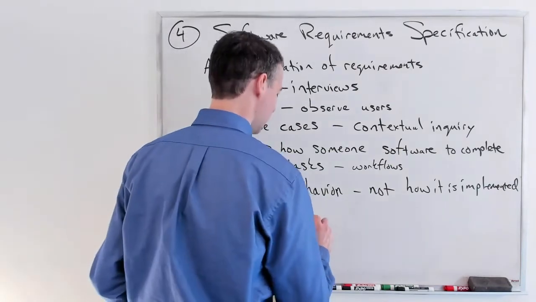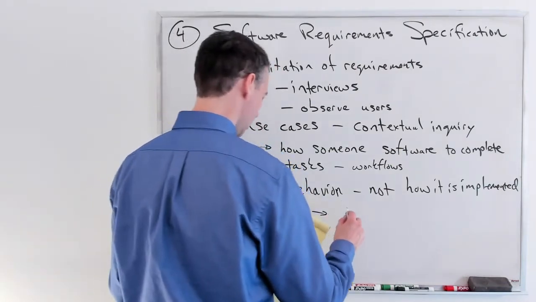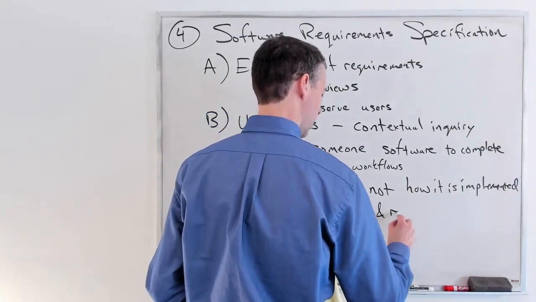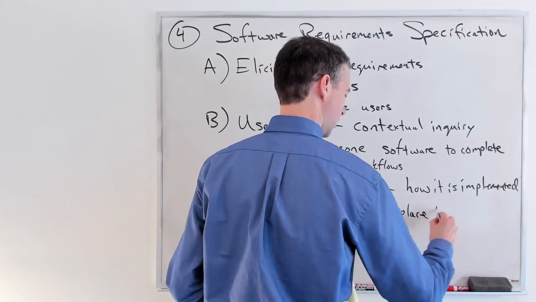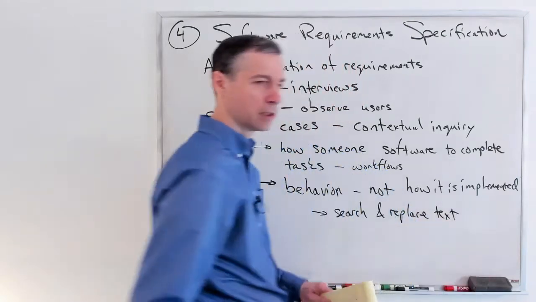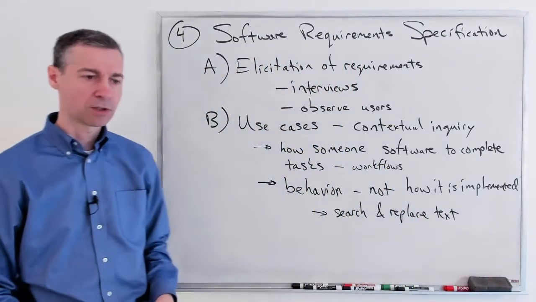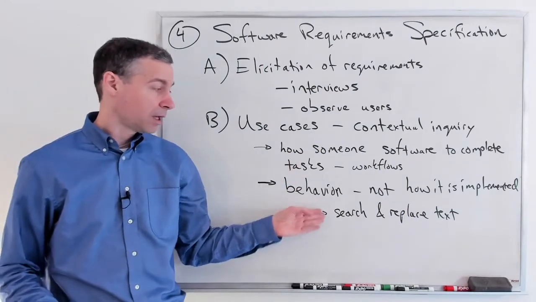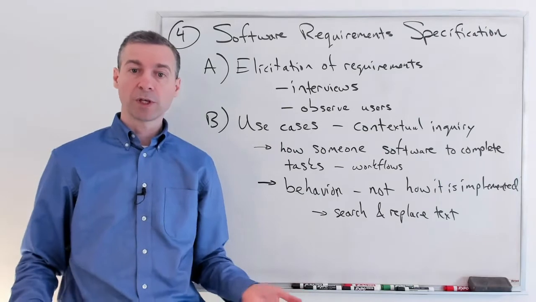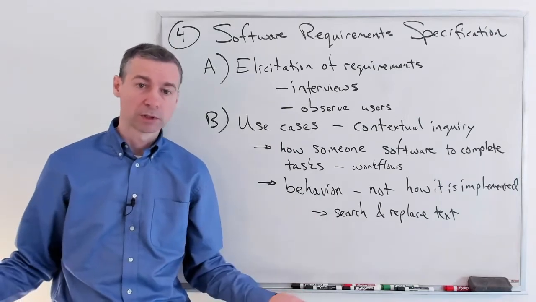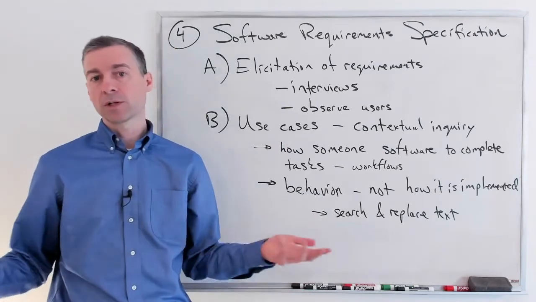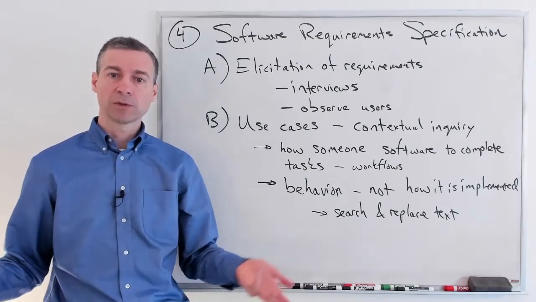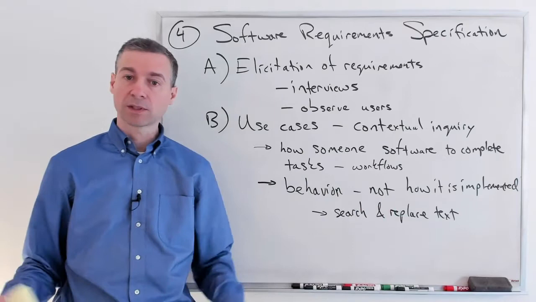So an example that Stellman and Green use is the search and replace text function in, let's say, a word processor. You write this up as: a user will be able to search for a word, and everywhere that word occurs in the document, they will be able to replace it with another piece of text.